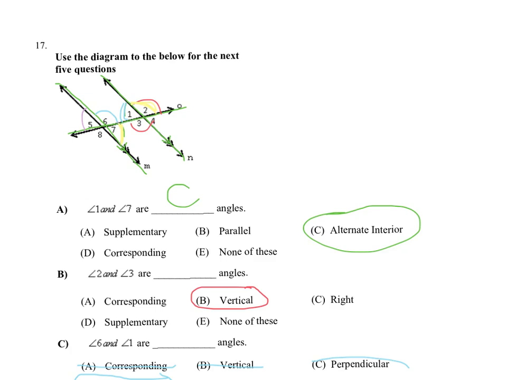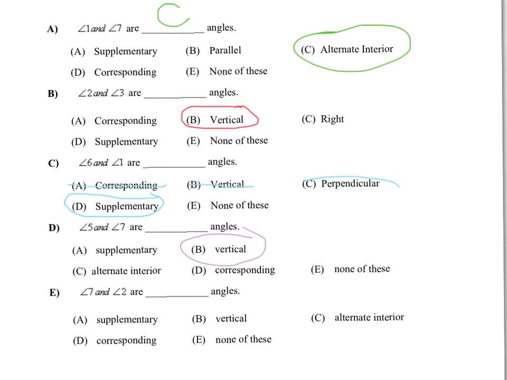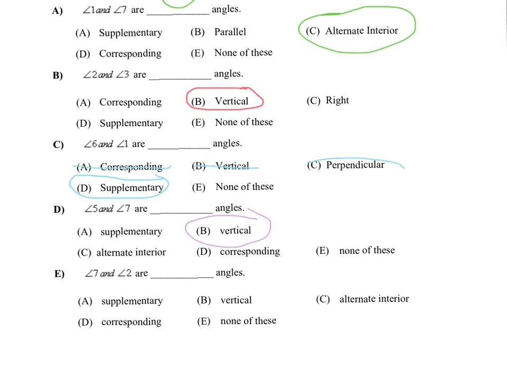Well, they have no relationships. However, 7 is corresponding to angle 4, which is a linear pair. That means that these two angles are supplementary. So if 2 and 4 are supplementary, 4 is congruent to 7, 2 and 7 are also supplementary.